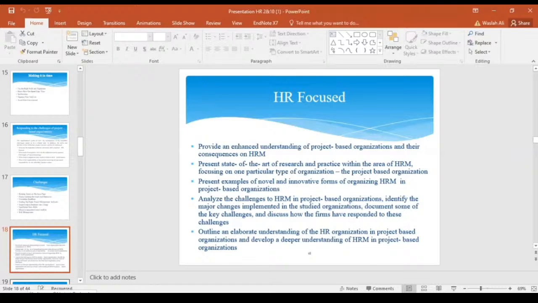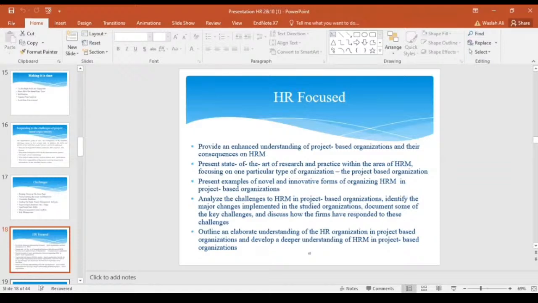We should document some of the key challenges which we are going to face while executing our project, and discuss how the firm has responded to these challenges. It should also be discussed how the firm responded to the challenges in the past, when the project was facing some challenges.